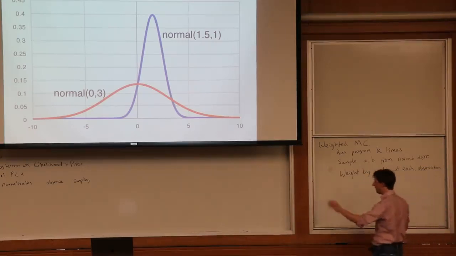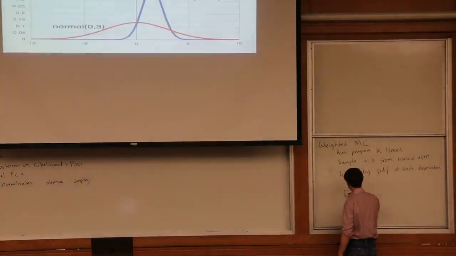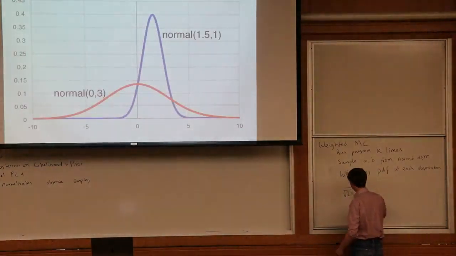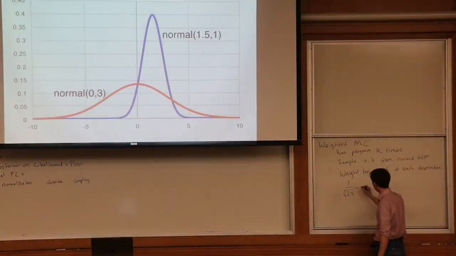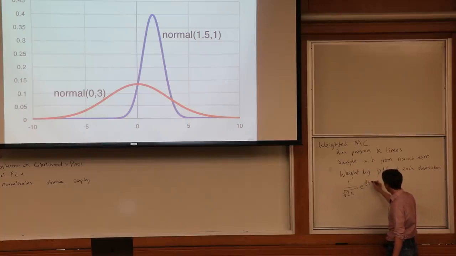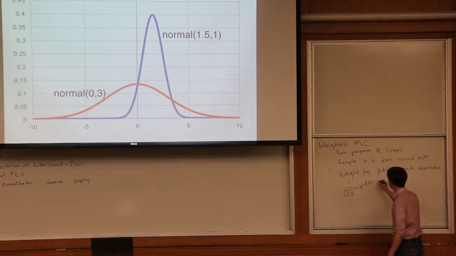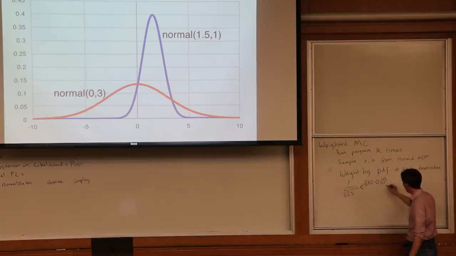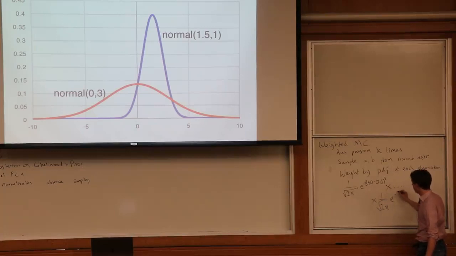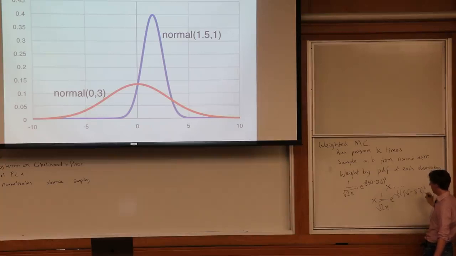So what we end up with is something like this: 1 over root 2 pi, sigma is 1, so that's okay. This is, if you don't remember, the density of the normal distribution, e to the minus (f0 minus 0.6) squared, times and so on, times 1 over root 2 pi, e to the minus (f6 minus 8.2) squared. I hope I got that.